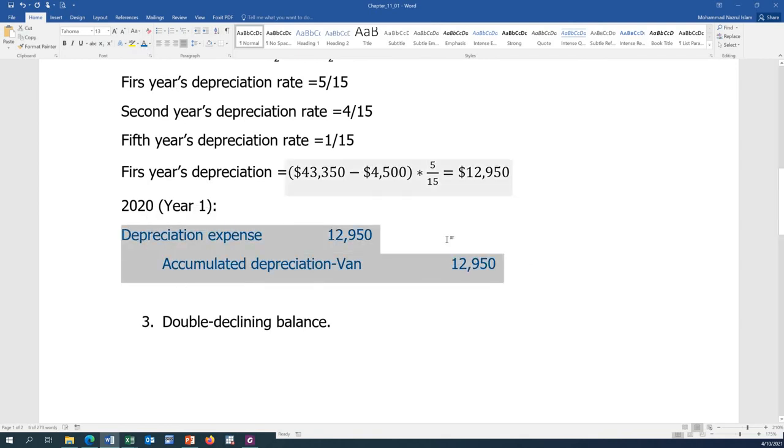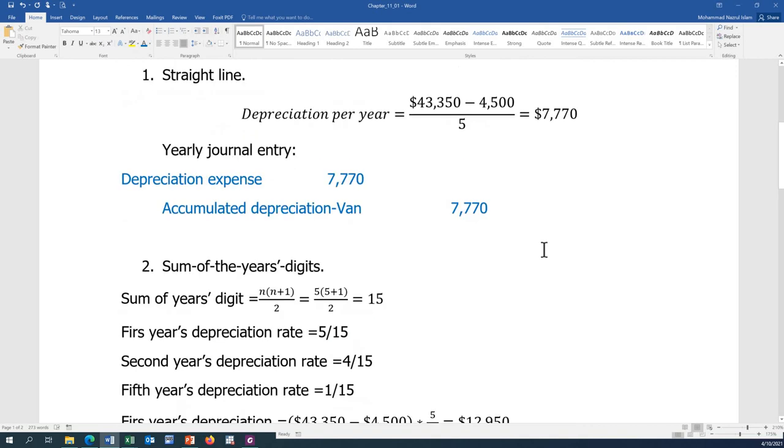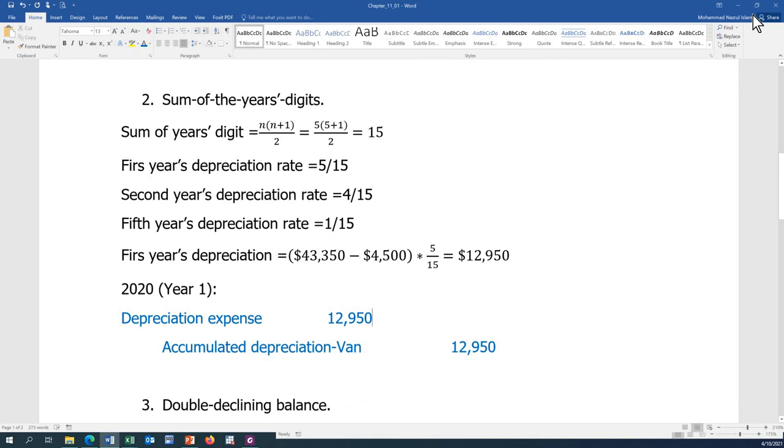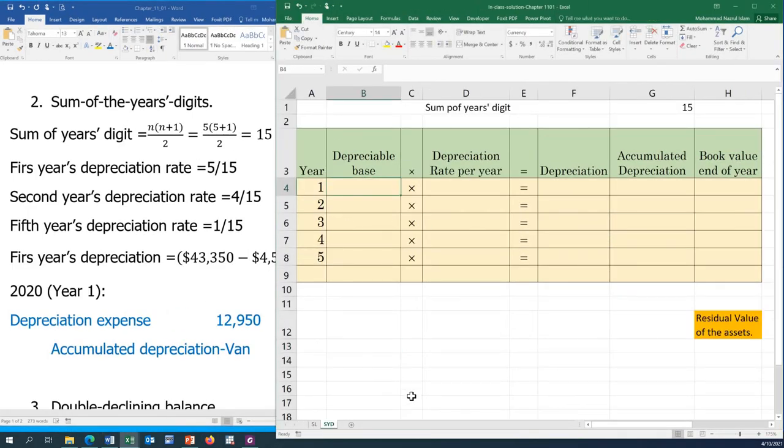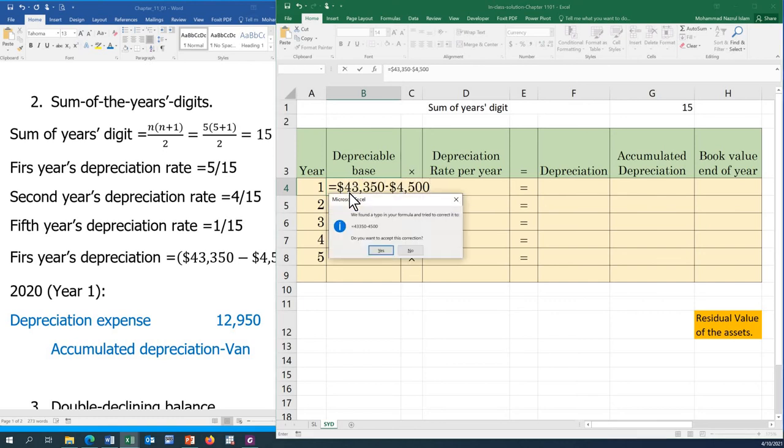Now let's create the depreciation schedule. So this is our depreciation schedule for the sum of years digit method. The sum of years digit is equal to 15, and the depreciable base is equal to 43,350 minus 4,500, correct?